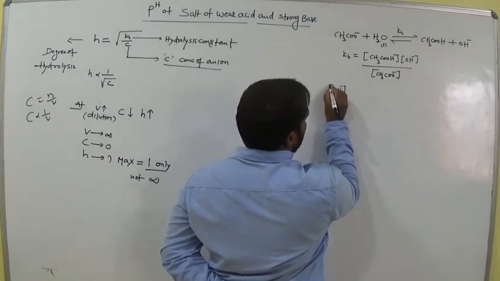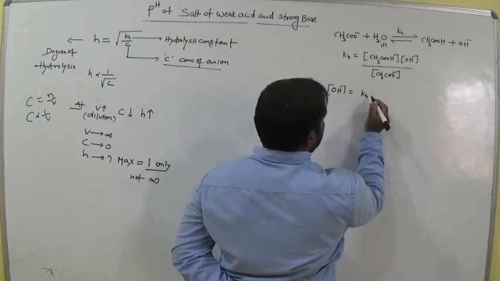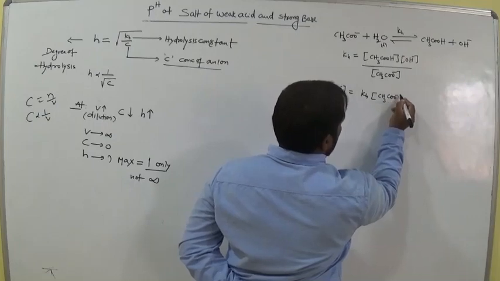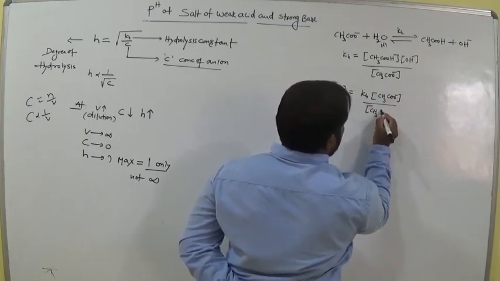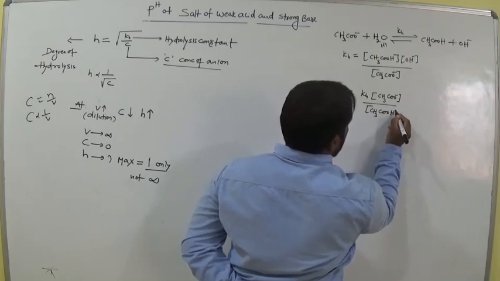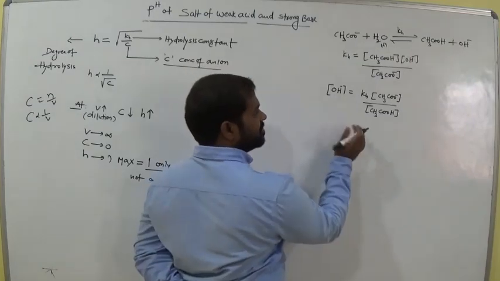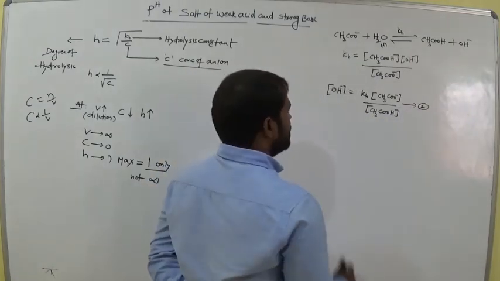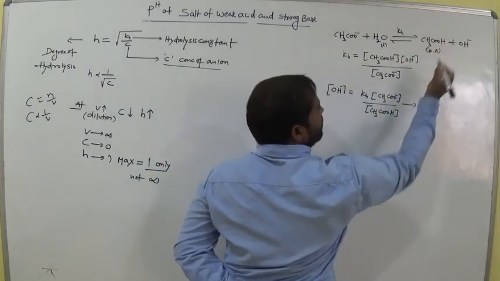OH minus equals Kh into CH3COO minus by CH3COOH, am I right? Remember this value. Suppose this is 2. But here we have a weak acid, am I right? This is the weak acid.